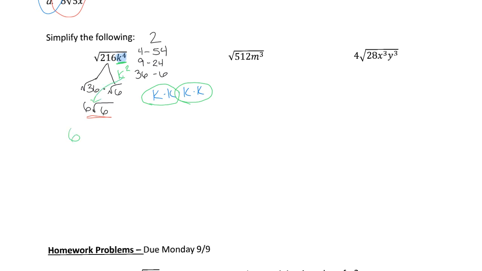So our real answer is 6k squared times the square root of 6. Again, that only works because we have 2 even sets of squares. So we have one k times k and a second k times k. If we had any leftovers, they would go inside our square root.